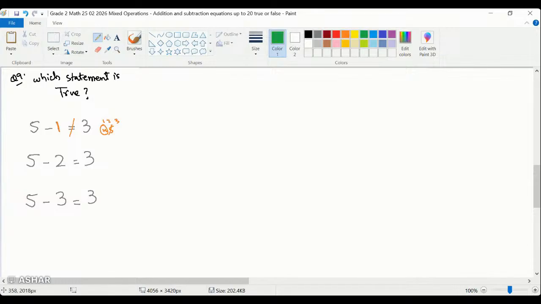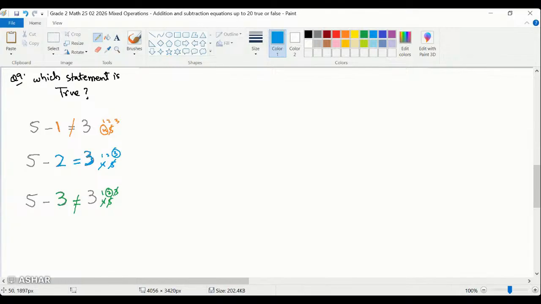We know that 1, 2, 3, 4, 5 minus 3 numbers should give 2. This is not equal. And if we have the numbers 1, 2, 3, 4, and 5, if we remove 2 numbers, we are left with 3.